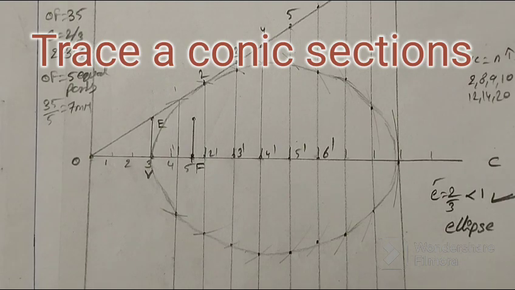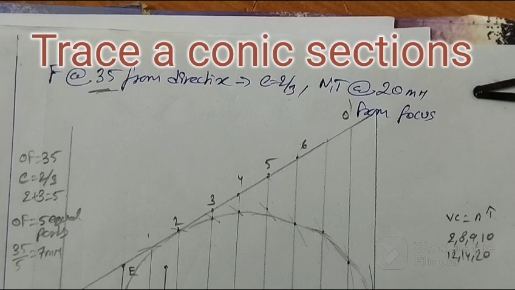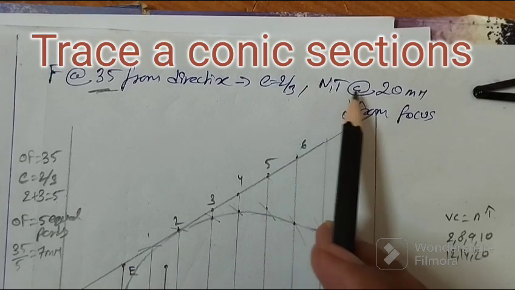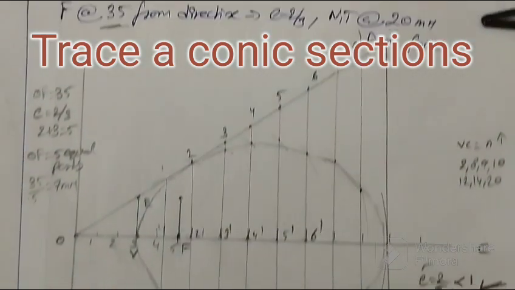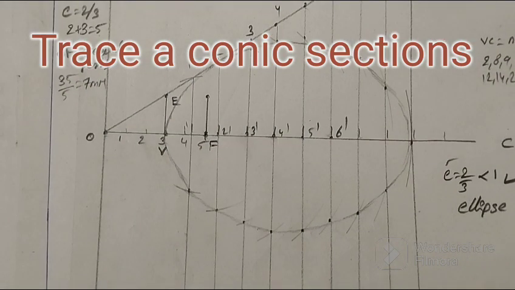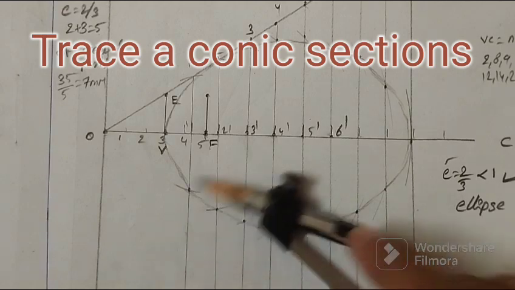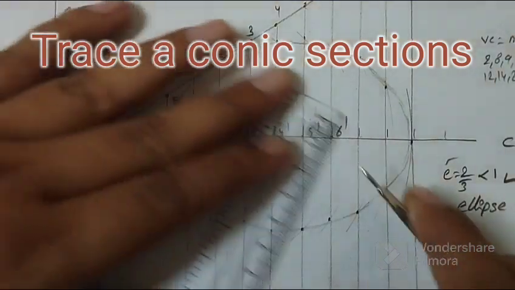We have another part, that is, draw normal and tangent at a distance of 20 mm from the focus. So the next step, take your compass, measure 20 mm.